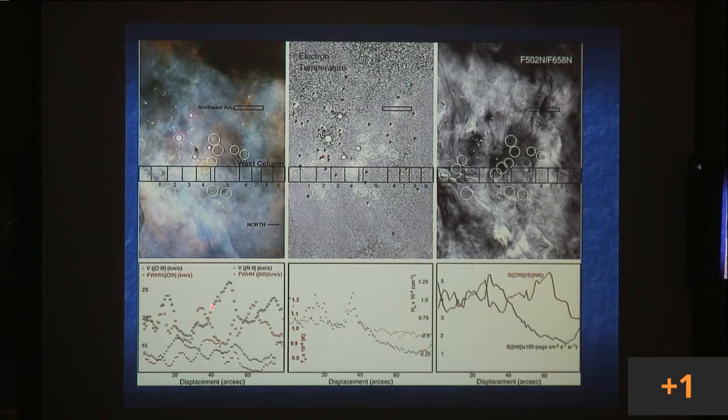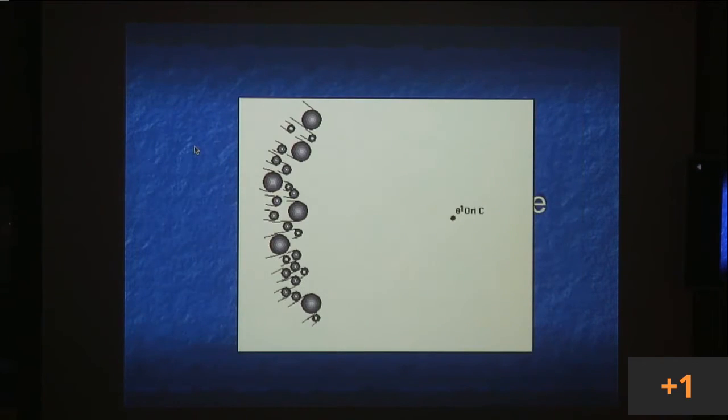We see them here, and we can determine the physical conditions of temperature and density across these regions. So this is allowing us to build up a detailed model of the nebula.